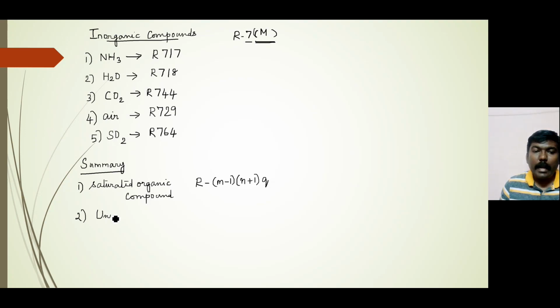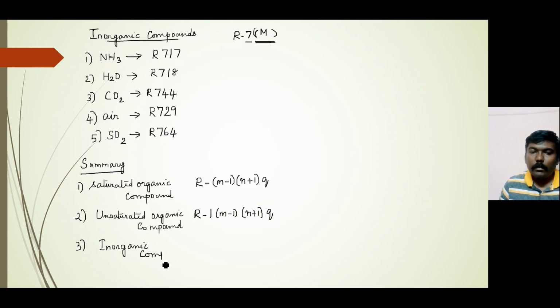The second one is an unsaturated organic compound. For an unsaturated organic compound, we are going to have R followed by 1, followed by M minus 1, N plus 1, and Q. And the last one is the inorganic compound. When you have an inorganic compound, it is R followed by 7 and the molecular mass. Whatever the molecular mass of the refrigerant is, that will be there in the last digits.